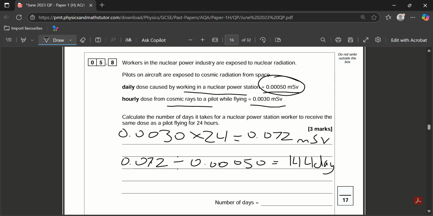Wow. So this basically means that the worker in the nuclear power station has to be working there for 144 days to experience similar doses to the pilot.